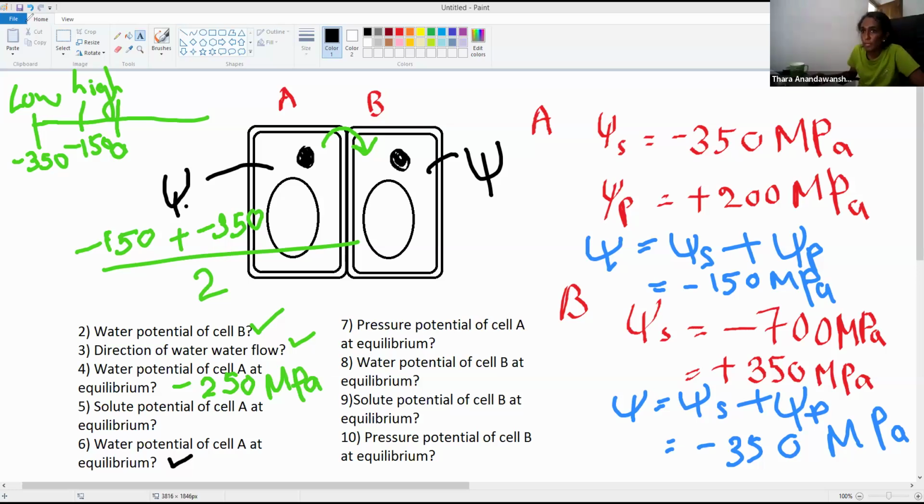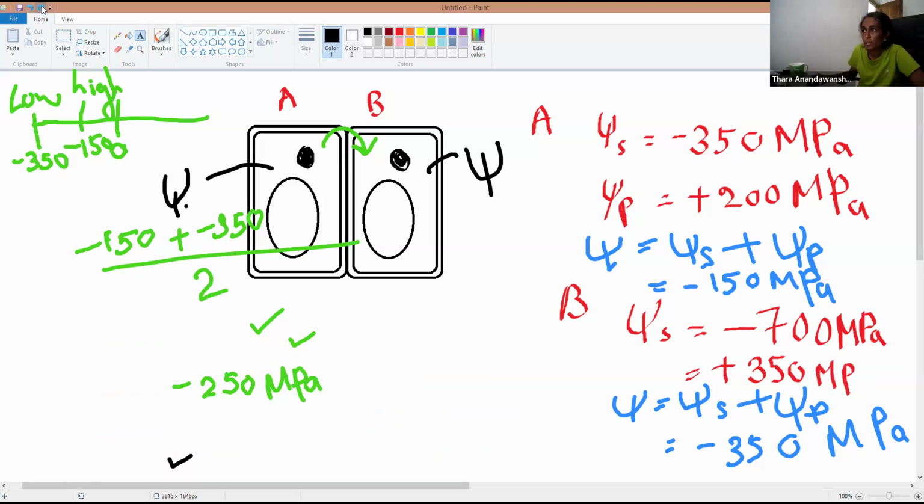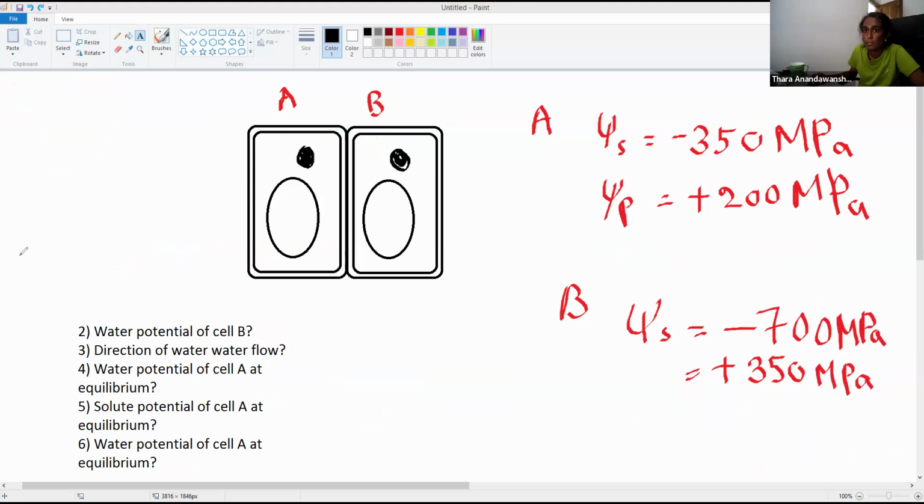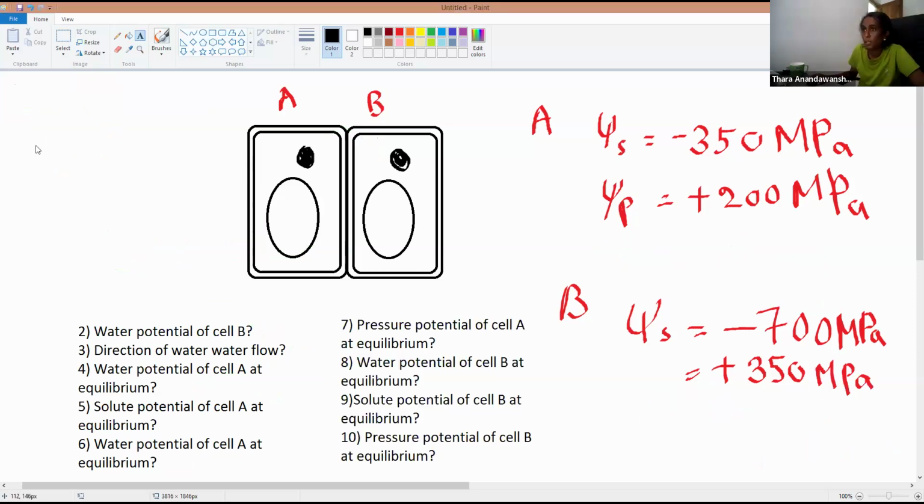I'm erasing some to get some space. Here, it's asking the solute potential. Now we know the psi value. Psi is equal to psi s plus psi p.